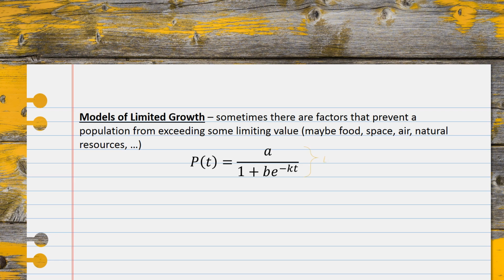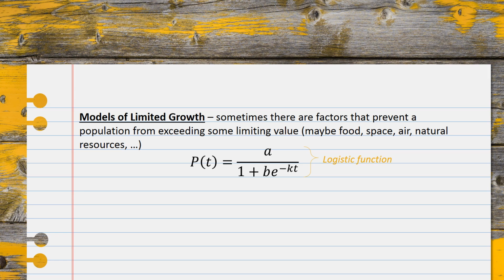This equation is known as the logistic function. No worries, you do not have to memorize this formula, but I do want you to kind of understand it. It means that there is a limiting factor, a limiting population of something due to restrictions.